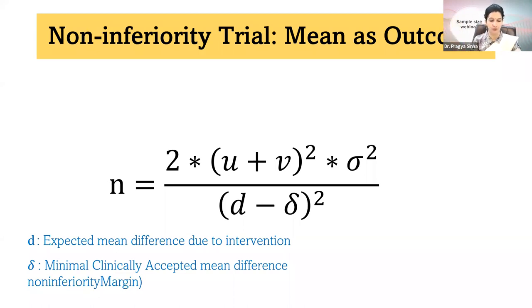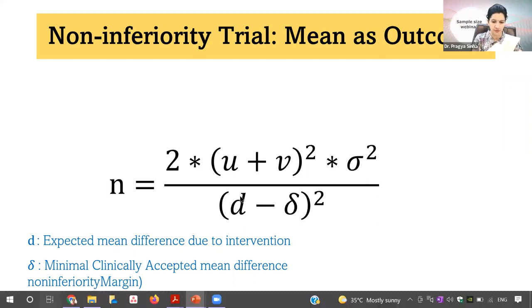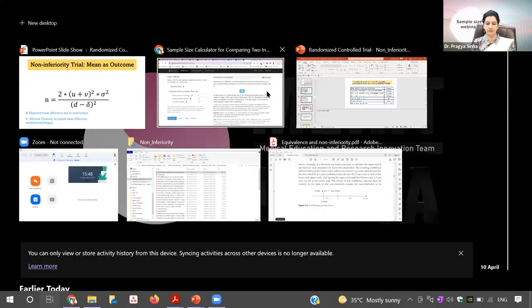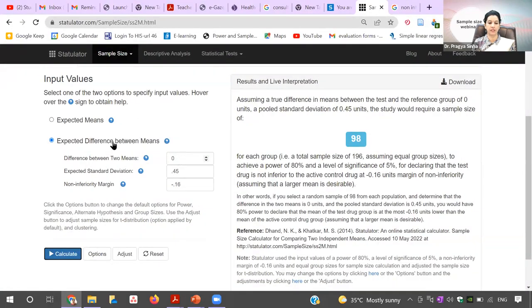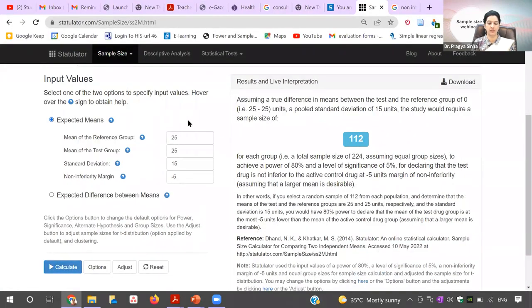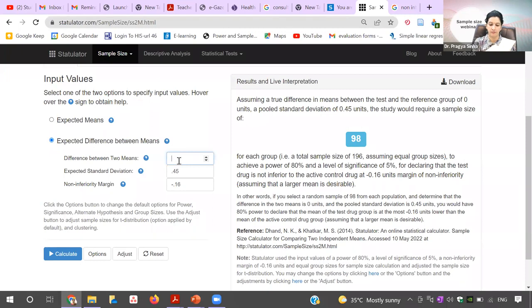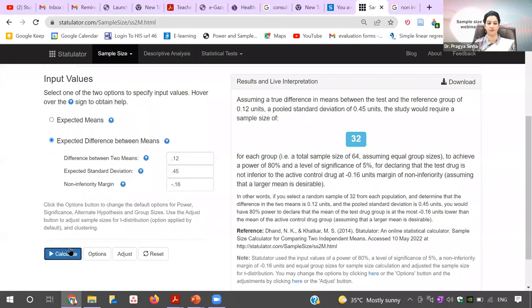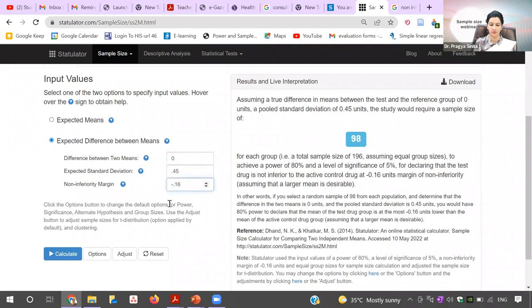I'll just show you with this example. Suppose the author said that the expected difference was 0.12, and then if you calculate, this minus is not going to affect.